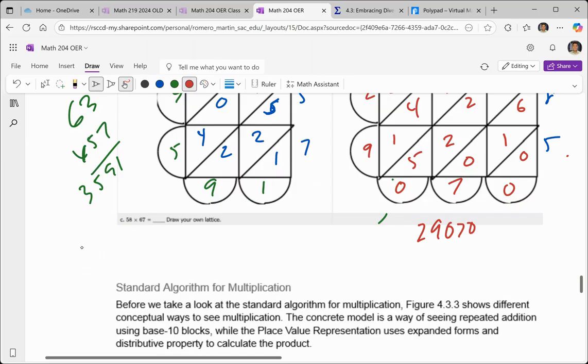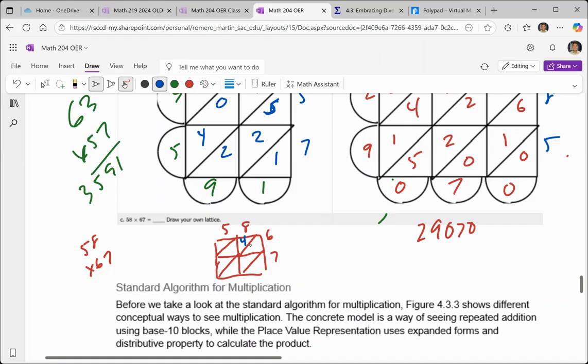Now, if you were going to do, in this case, 58 times 67, you would create a 2 by 2 box like this, and then diagonals just like that. There's your 58, 67.